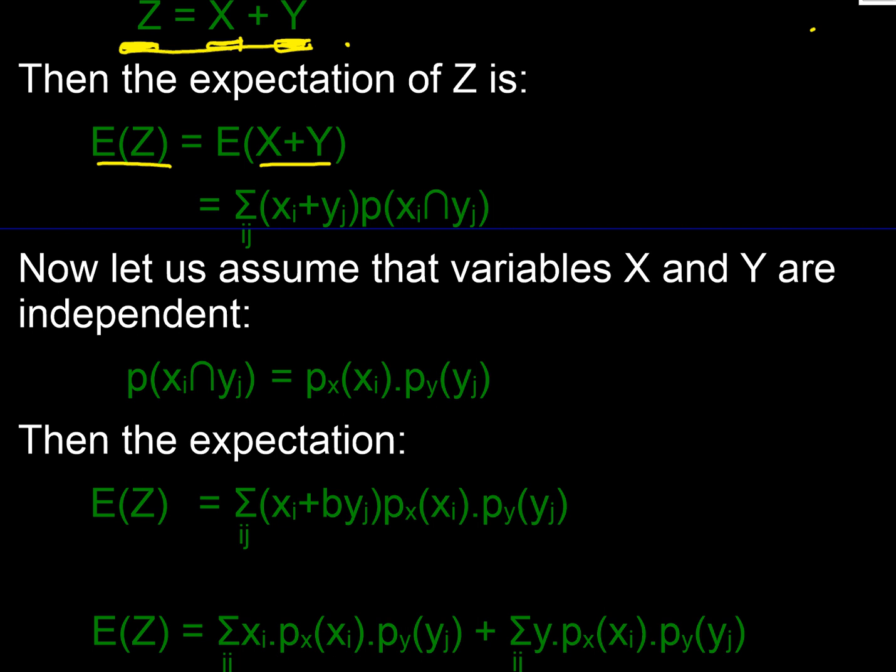Now, if we just look at that as basic probability, we need to have our variable, which is X plus Y, and the probability of that pair of X's and Y's, because we could have a whole range of X's.